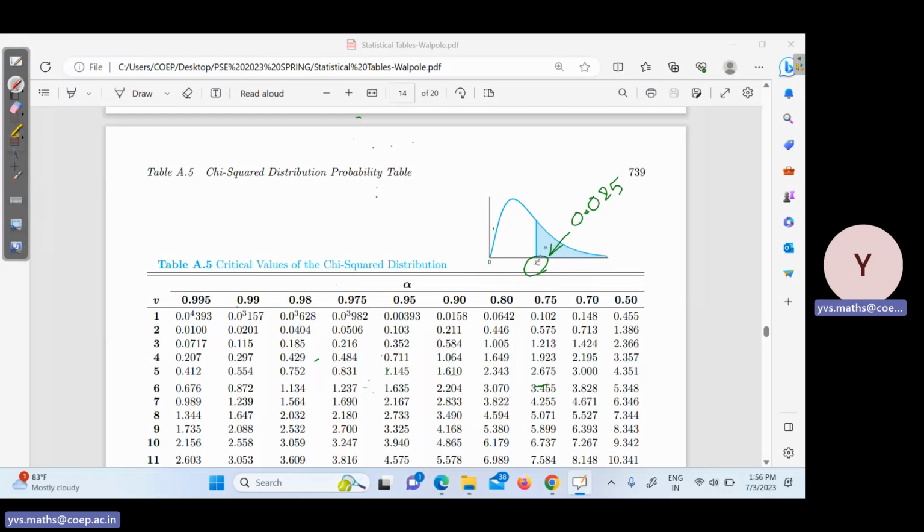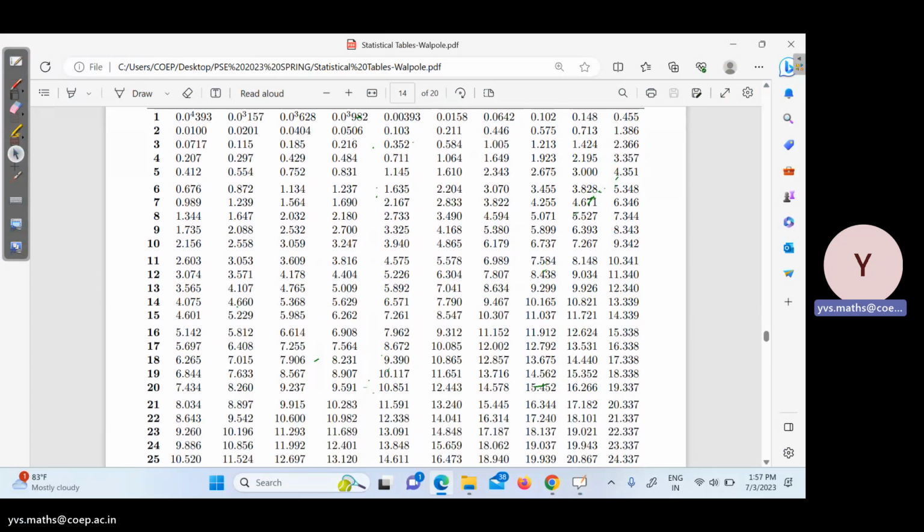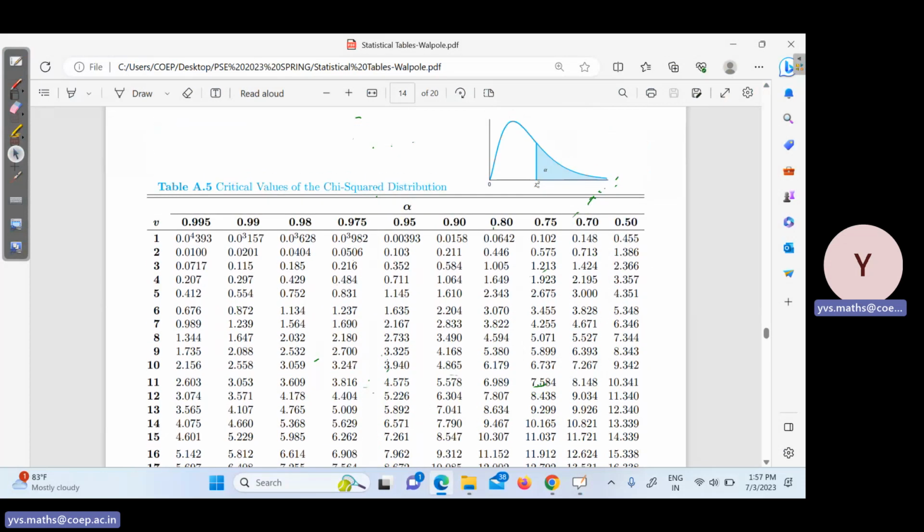Okay, so for 15 degrees of freedom, we'll search for it. Let me scroll this page down because we have to find the 15 degrees of freedom, and for alpha is 0.025. This first row is alpha values, namely probability values, and this nu in the first column denotes the degrees of freedom.